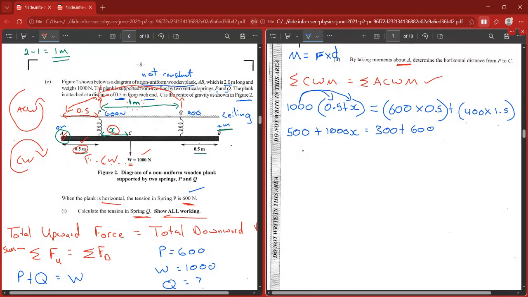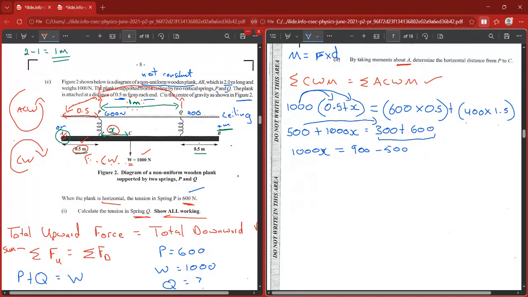So you have 500 plus 1000x equal to 300 plus 600, which is 900. But wait a minute, if I carry across the 500, it will become negative 500. So I put 900 minus 500 on the right hand side.